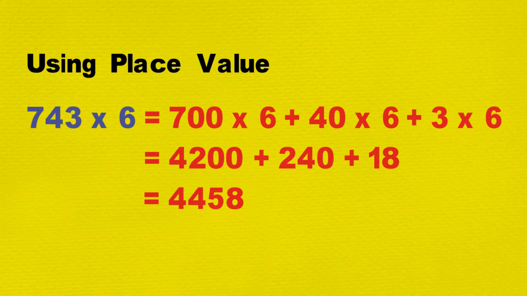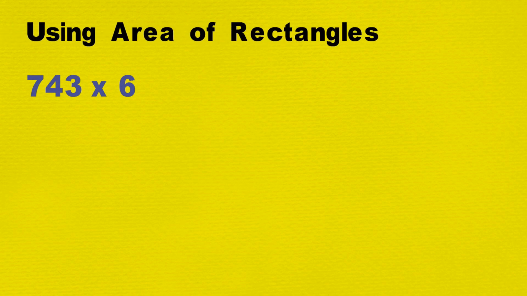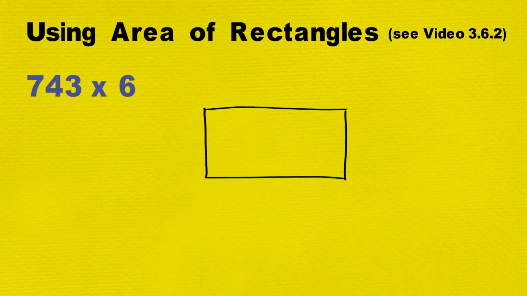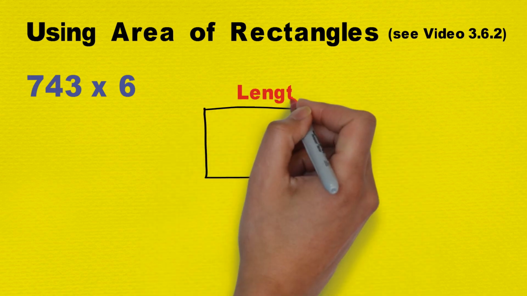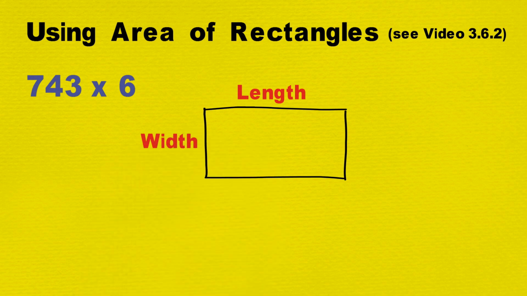Another way to do this multiplication of 743 times 6, especially if you want to visualize the calculation, that is, see it as a drawing, is to use the area of rectangles. In video 3.6.2, we found the area of a rectangle by multiplying its length by its width.